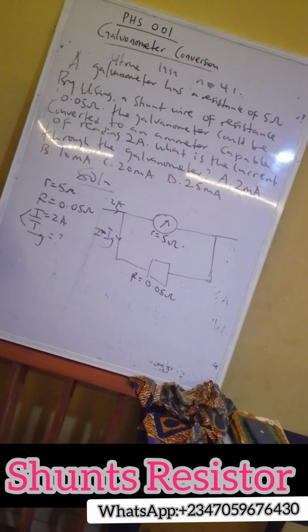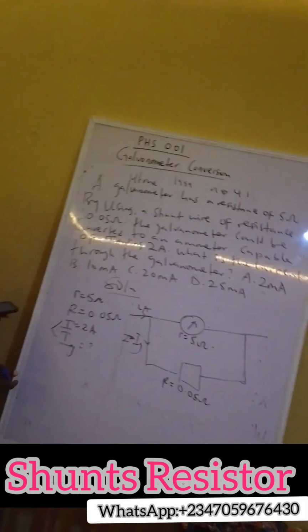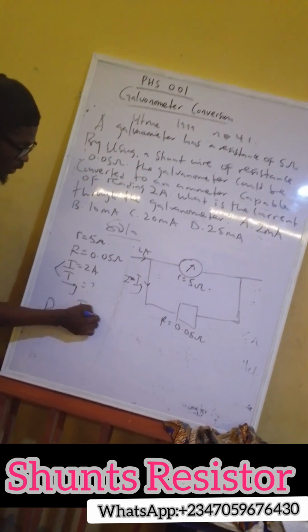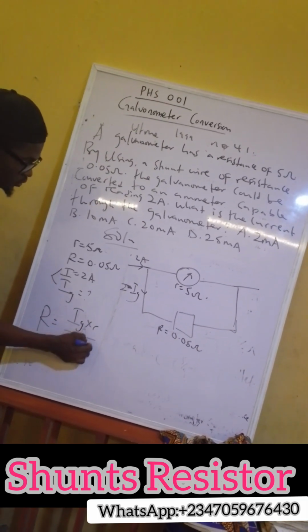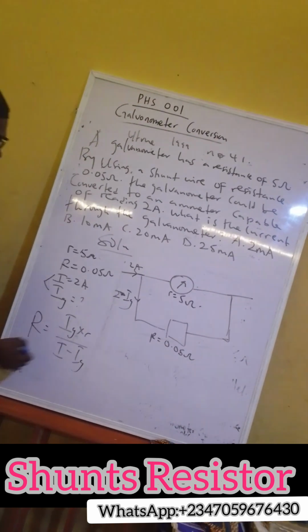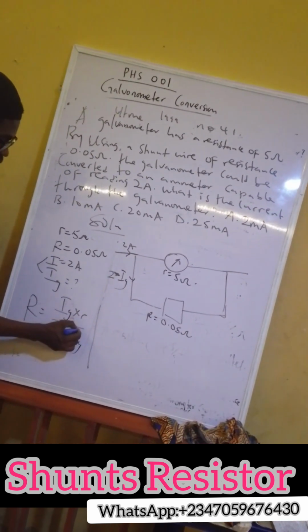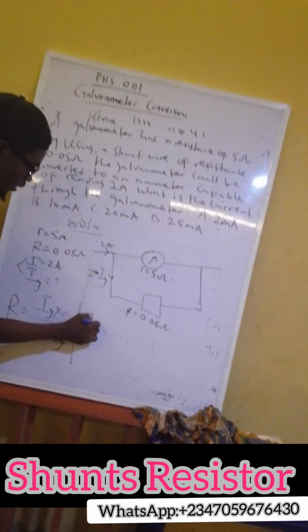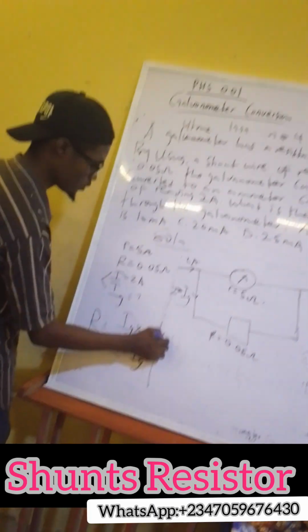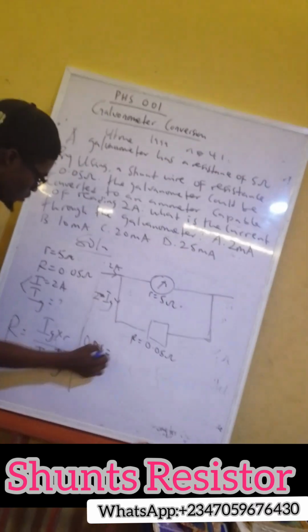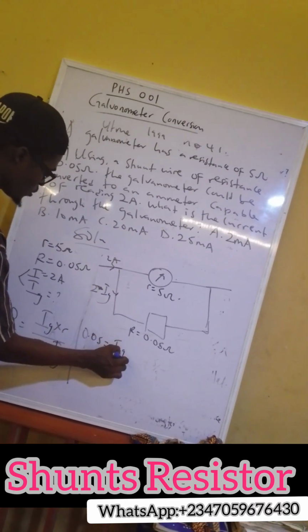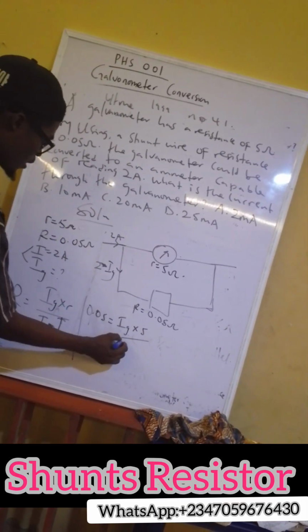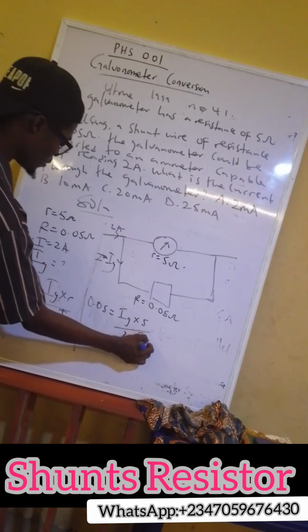Do you remember that we are still using the same formula? The shunt resistance R equals Ig times r over I minus Ig. So 0.05 equals Ig times 5 divided by 2 minus Ig.